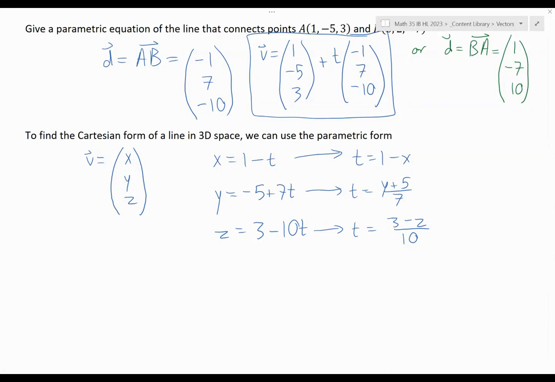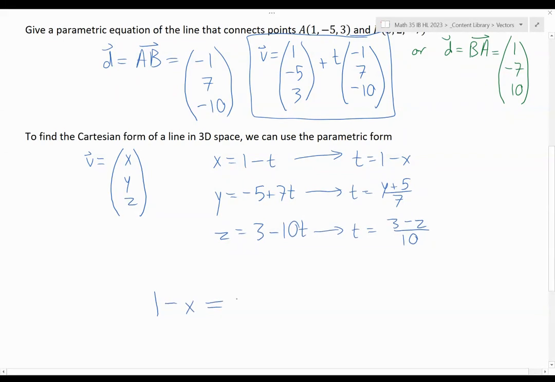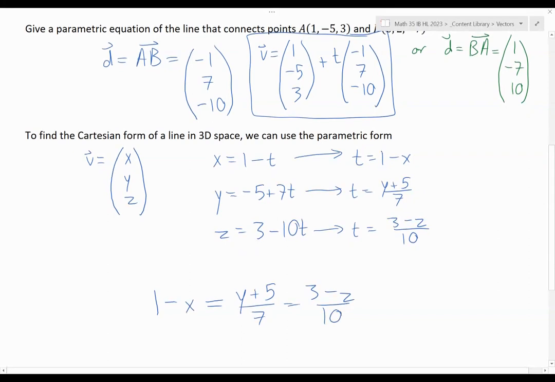So the Cartesian equation of this line in 3 dimensions is a multi-stage equation. It has 3 parts: 1 minus x equals (y plus 5) over 7 equals (3 minus z) over 10. So the equation of a line in 3 dimensions needs these 3 parts. It's actually kind of 3 separate equations: one that relates x with y, one that relates y with z, and one that relates x with z.